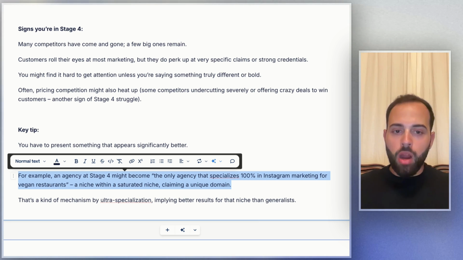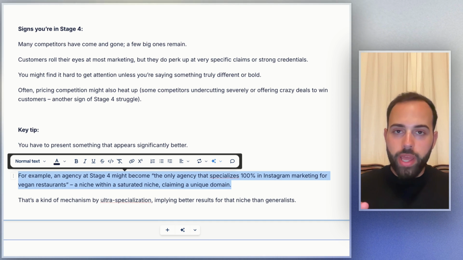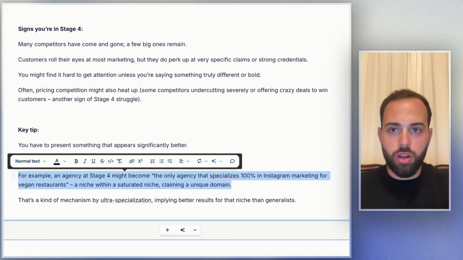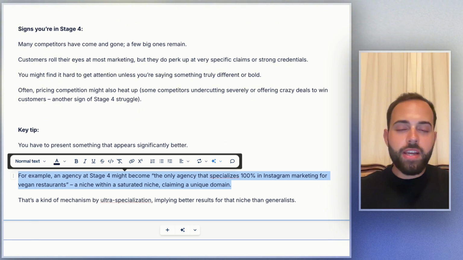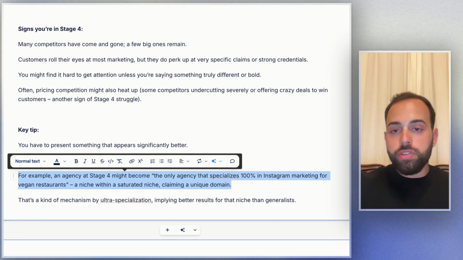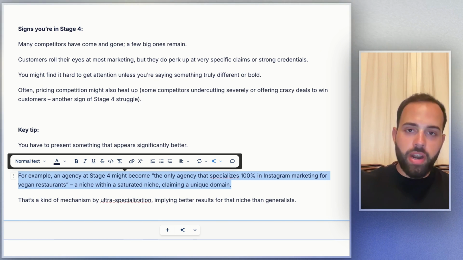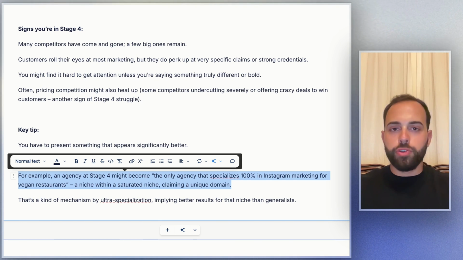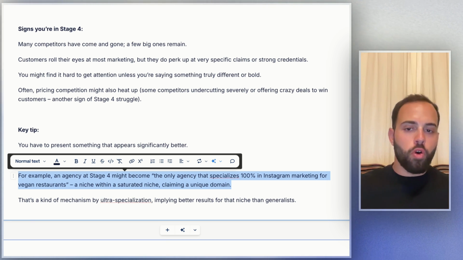Whereas if you're the only marketing agency that focuses 100% on growing the brand's Instagram or 100% on growing the brand's TikTok, but the only types of brands that you work with are, let's say, vegan products, then you increase your chances of getting those types of customers by 10x. Because now those vegan brands have a reason to choose you as opposed to anyone else because you specialize in that niche. So that is a good way to stand out in stage 4.